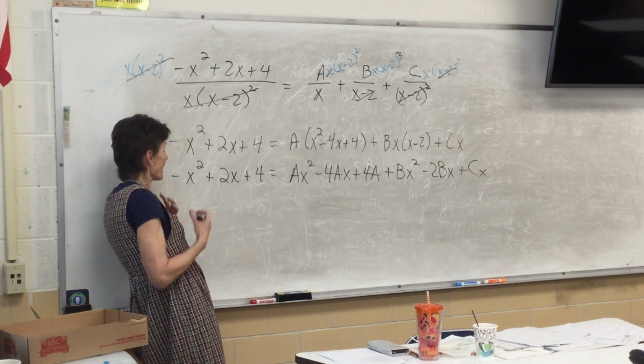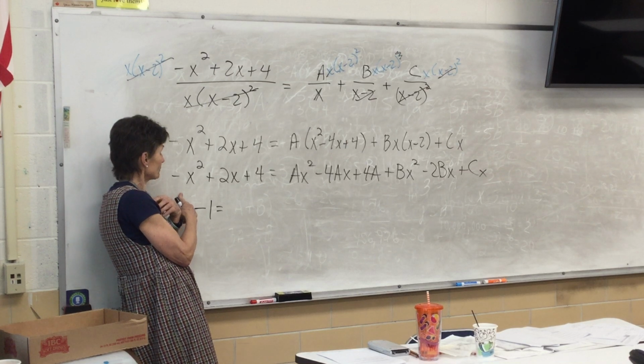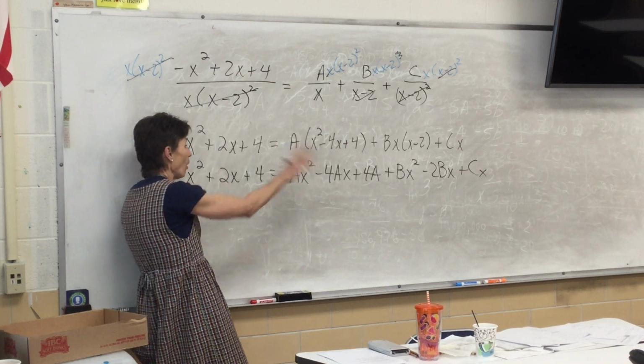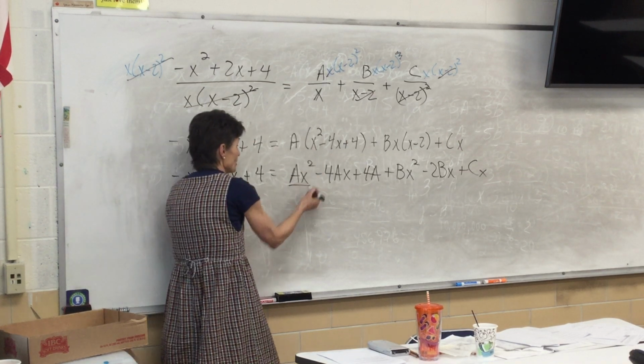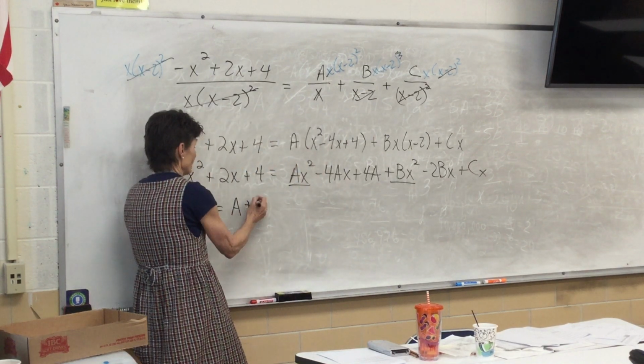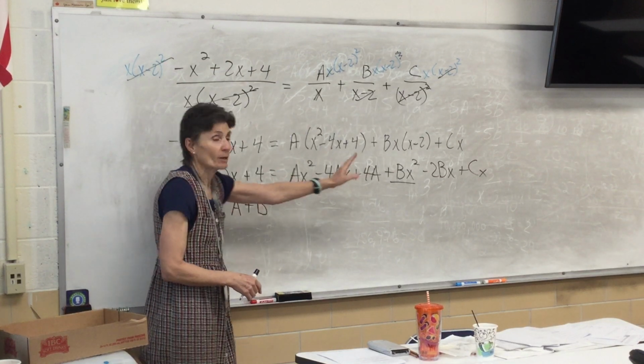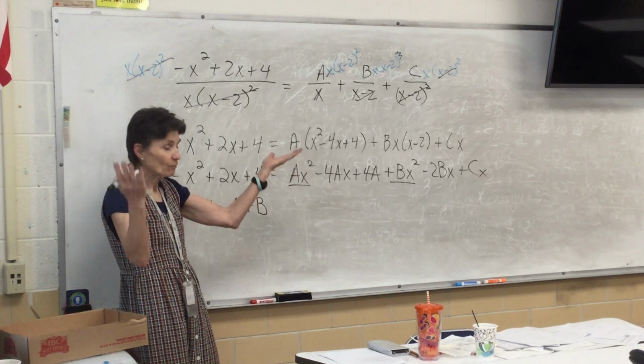So however many x squareds I have on this side, negative 1, has to add up to all the x squareds over there. So there's an ax squared and there's a bx squared. So negative 1x squared adds up to ax squared plus bx squared in order for it to be an equation.